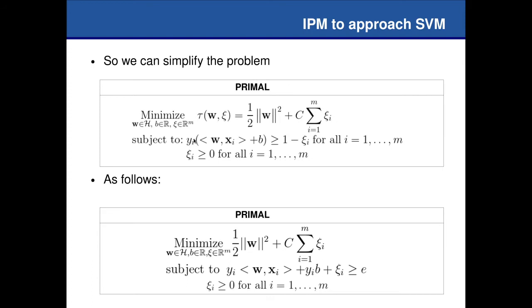So I'm just distributing yi to those two variables over here. So we have yi multiplied by the inner product, the dot product, plus yi b over here. And of course, I brought this right-side term to the left, making it plus this psi i over here, as you might notice.